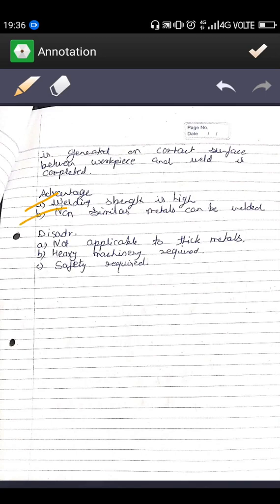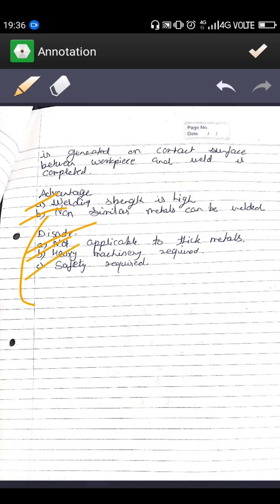A very small amount of heat is produced in the operation. Now discussing the disadvantages. It is not used for thick metals. A specifically designed holding device is used in the operation. Electronic components should be protected from the vibration generated in this process.